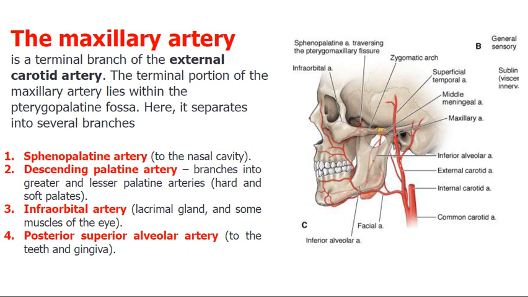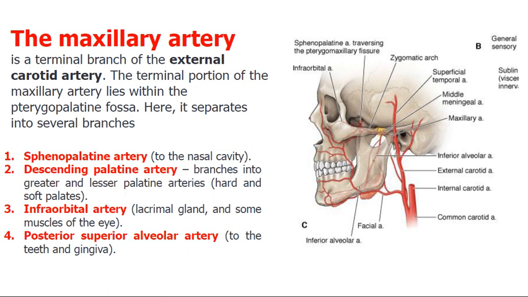So the terminal branch of the maxillary artery will give branches inside the pterygopalatine fossa, like the sphenopalatine artery, which is an important artery passing to the nasal cavity, and as we mentioned, the sphenopalatine artery is the main source of blood supply to the nasal septum and the lateral nasal wall, and responsible for most of the cases of epistaxis, of the bleeding from the nose. And also the descending palatine arteries branch from the maxillary artery, and this branch supplies the hard and soft palate in the oral cavity.